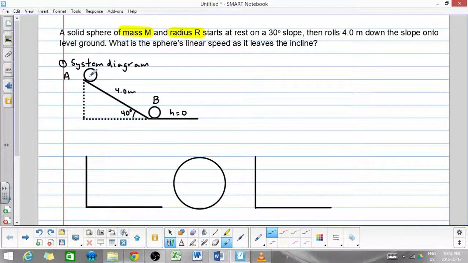At the top of the slope, the height, we just have a little bit of trig to do here. This is the height that you need, and you can see it's the opposite side of this 30-degree angle.